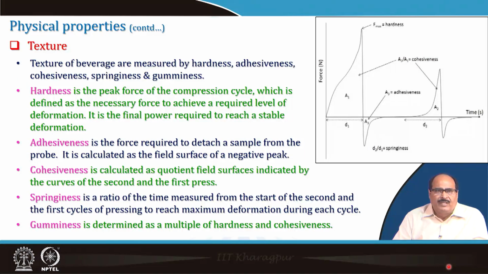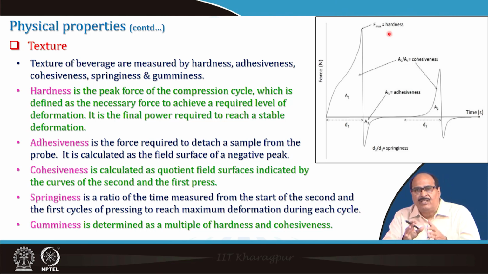The texture of a beverage is measured by hardness, adhesiveness, cohesiveness, springiness, or gumminess. You can see here this texture profile curve, where hardness is the peak force of the compression cycle, which is defined as the force necessary to achieve a required level of deformation. It is the final power required to reach a stable deformation.